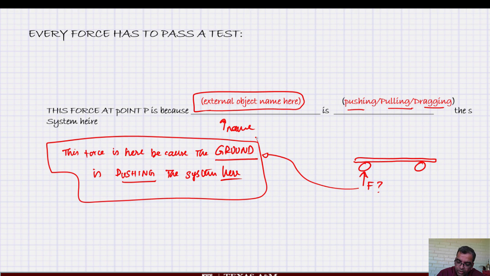Okay, that's how it works, and that's the basic idea of drawing a free body diagram. So remember that we ignore everything that is inside the body, and we replace everything that's outside the body with either a force or a combination of forces or a torque or a combination of torques.